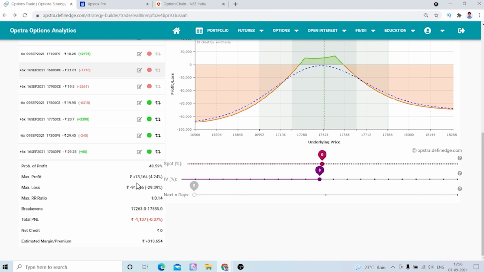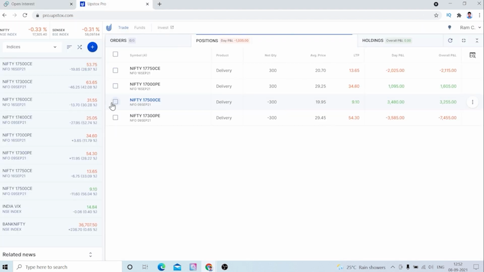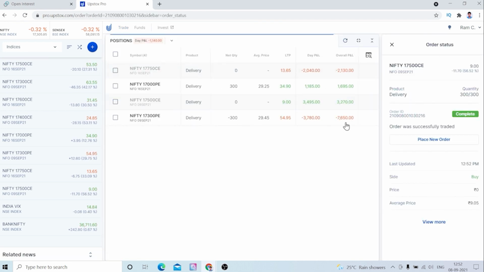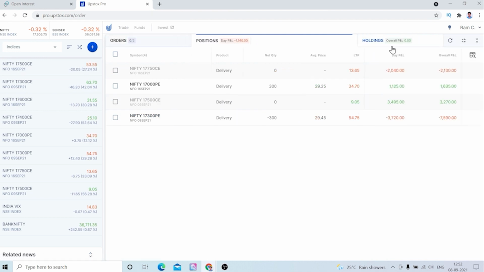Okay, now time is around 1 o'clock again, on the 8th September, the next day. Next day the market has fallen down again, so we have to exit call positions, and the put positions' value is showing far higher than call positions. Now I exited call positions. In that place, I'll have to take new call positions.